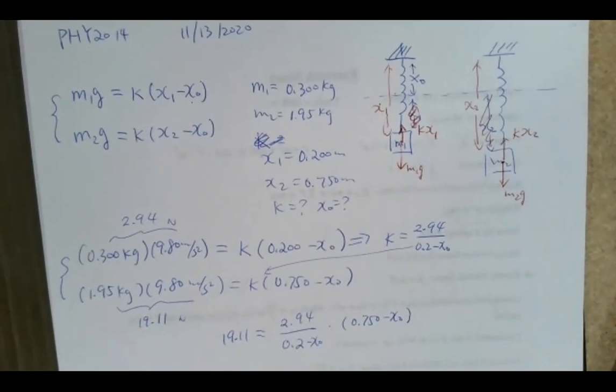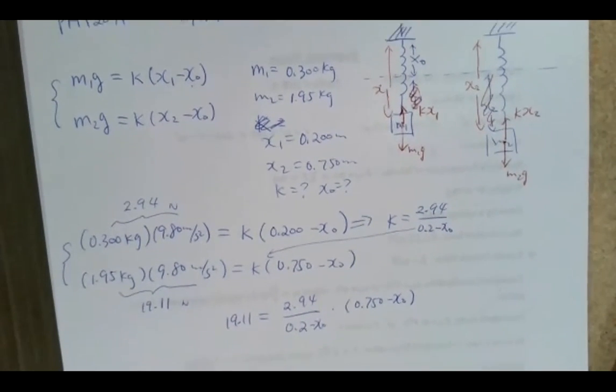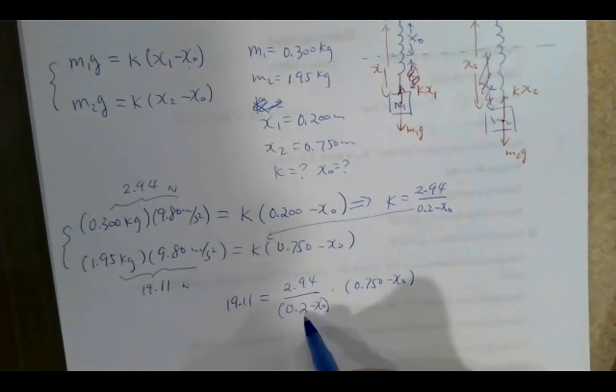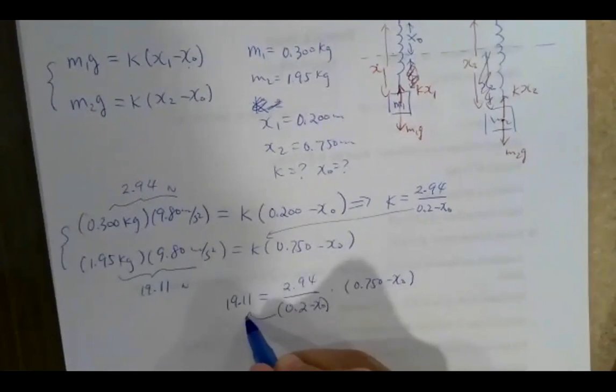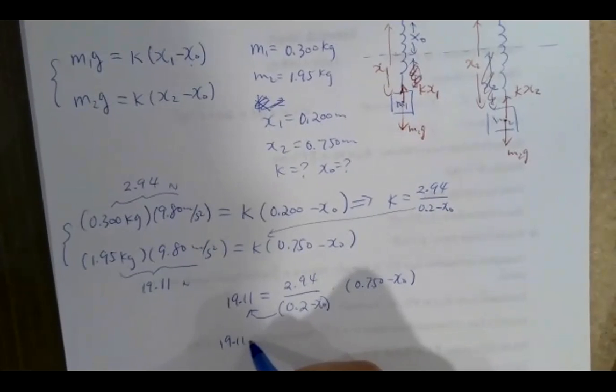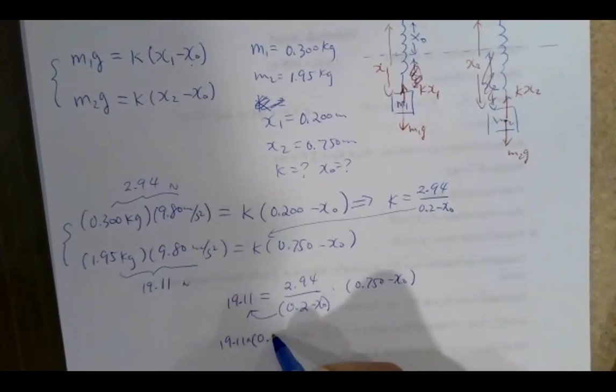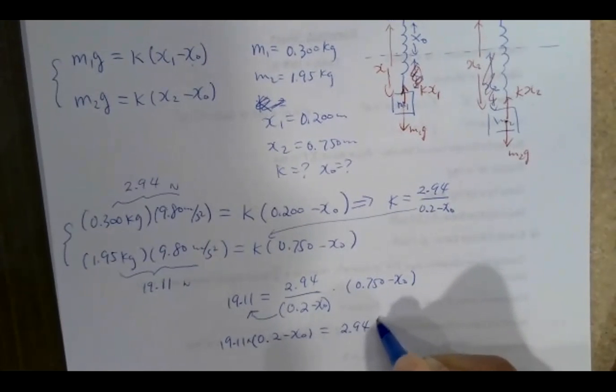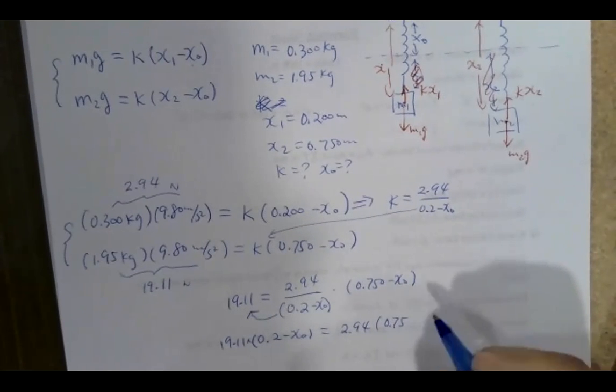So what you can do is multiply both sides by this, so this goes to the left-hand side. 19.11 multiplied by (0.2 minus x naught) equals 2.94 multiplied by (0.75 minus x naught).